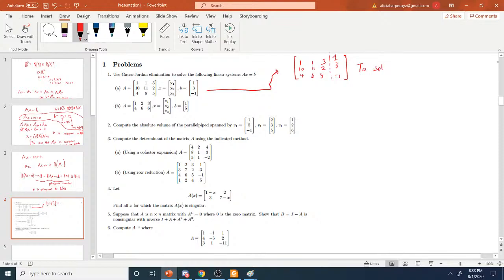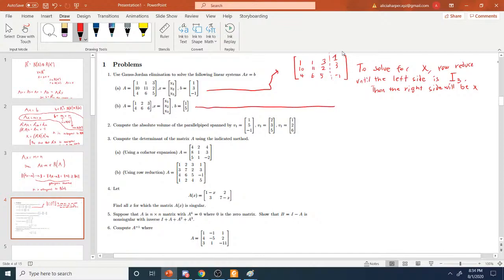To solve for x, row reduce until the left side is I3. And then after you do that, the right side will be x.